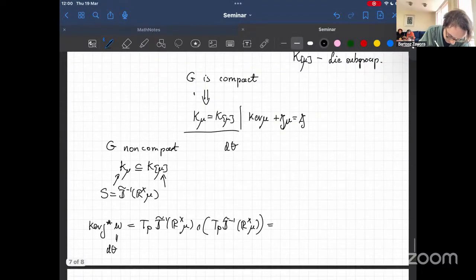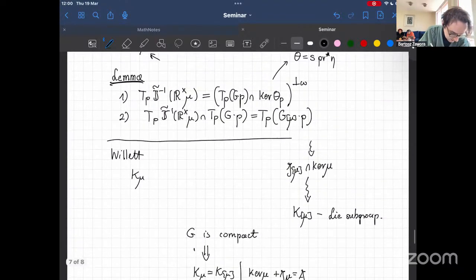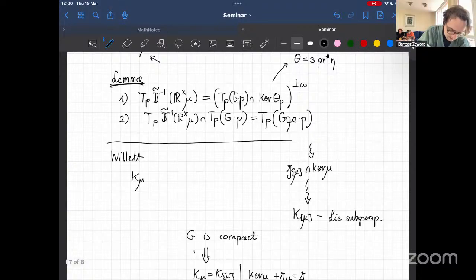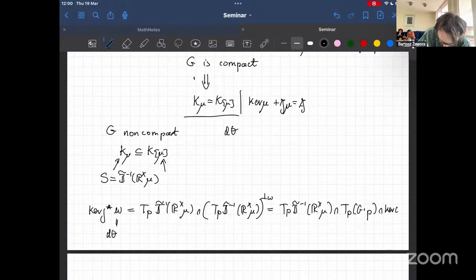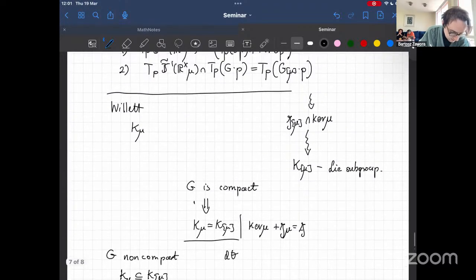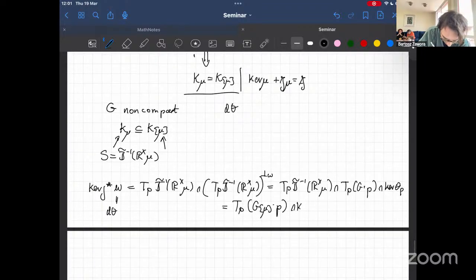So using this lemma, first of all, since we are on a symplectic manifold, the double symplectic orthogonal is the same. So we get the intersection of R cross mu with G P and the kernel of theta at P, but this is d_P of G_mu of P by the second point, intersected with the kernel of theta_P.